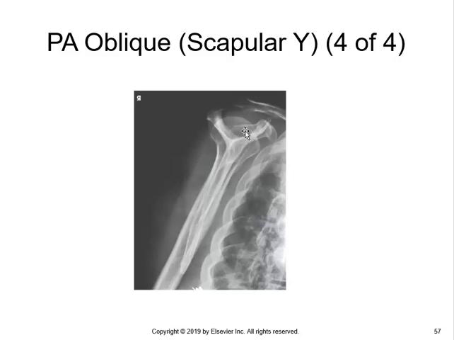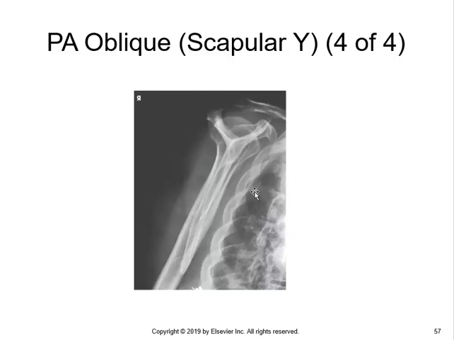So if we have a dislocation, what happens is that it pops out anteriorly and it shifts a little bit medially, and inferiorly. And so what that means is the humeral head's not going to be over the glenoid fossa, it's going to be over the ribs right there. So most of the time, I've never seen a posterior dislocation myself.